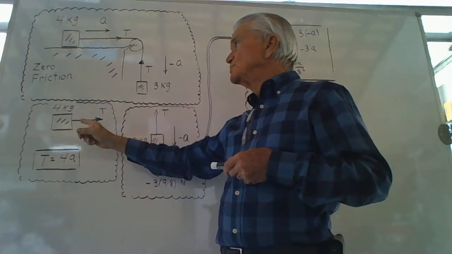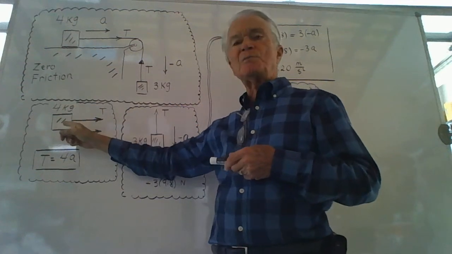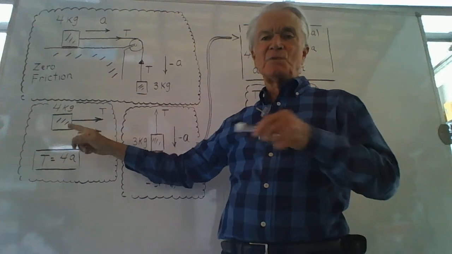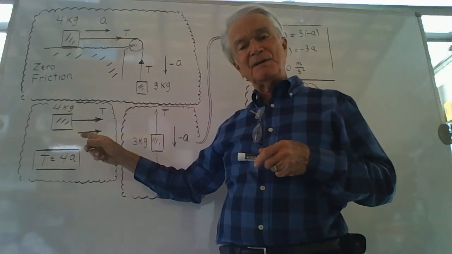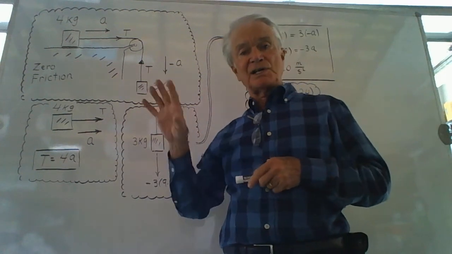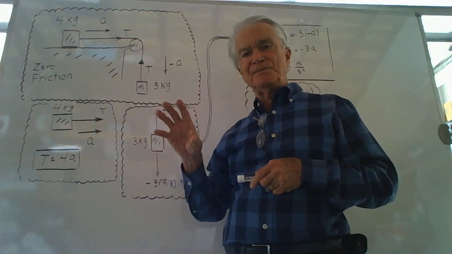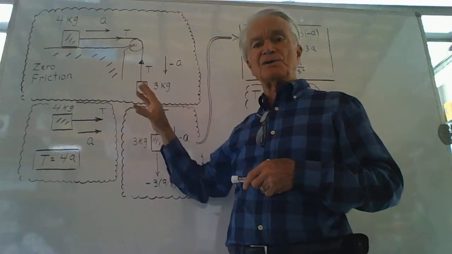So, to apply Newton's second law to the 4 kilogram object, we draw a separate diagram which shows only the 4 kilogram object and whatever force or forces are acting on it. Such a diagram is called an isolation diagram. We're isolating the current object of our attention separate from the entire system.